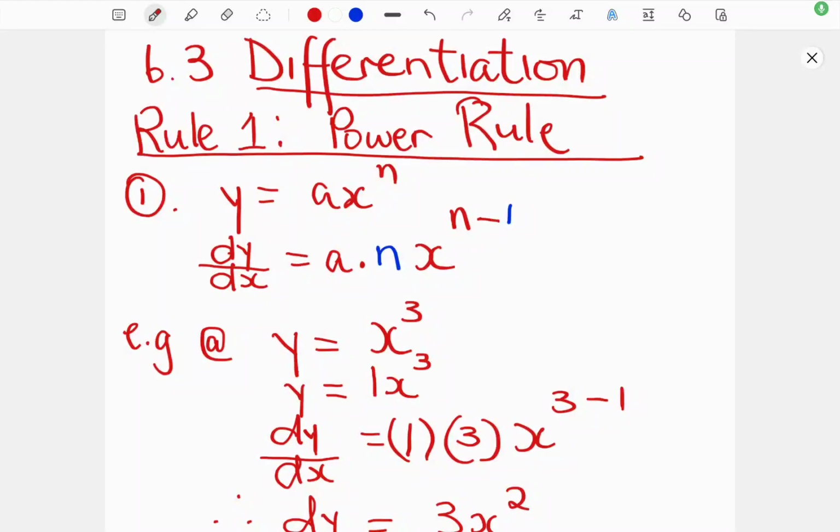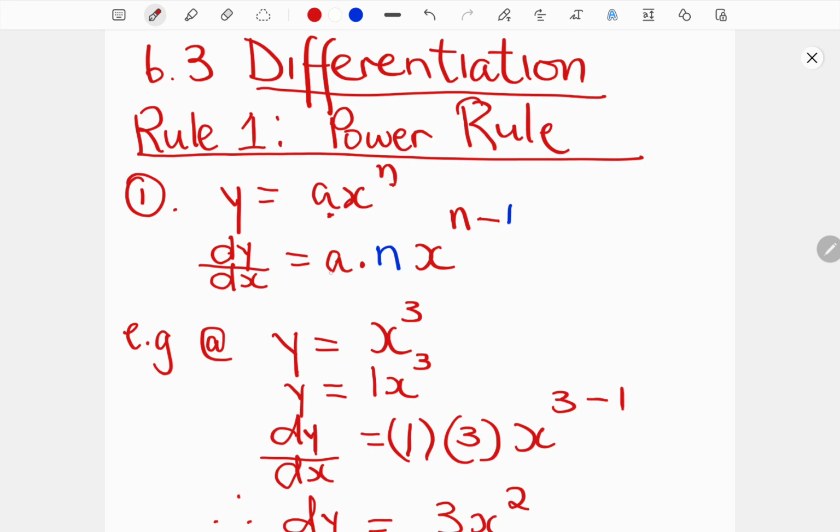Now students, we are going to do subheading 6.3. It says differentiation. We are going to start with rule number 1, the power rule. It says if y is equal to ax to the power of n, then dy over dx, that means the derivative of this function, is going to be this a multiplied by this n.